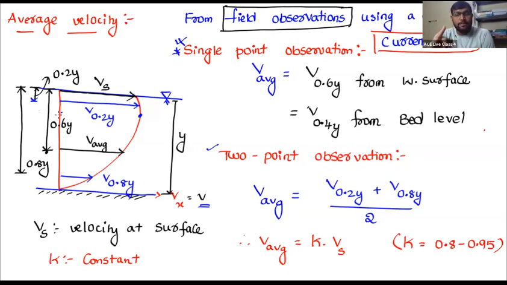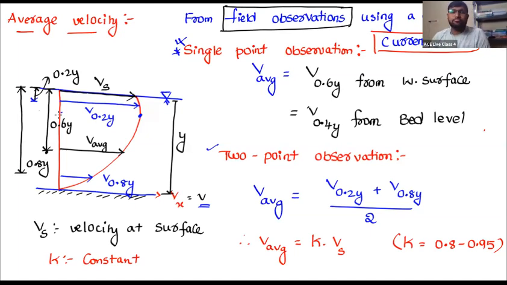Conservation of mass is represented by the continuity equation Q = A1V1 = A2V2. I hope you understand that. The first basic principle of fluid mechanics is conservation of mass by the continuity principle. Second one is conservation of energy. Conservation of energy means Bernoulli's principle. At any section, total energy remains the same.